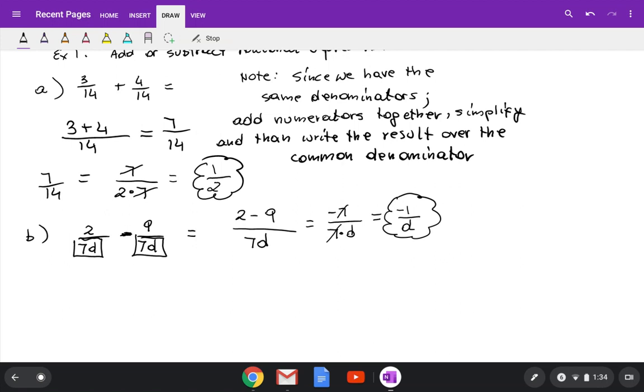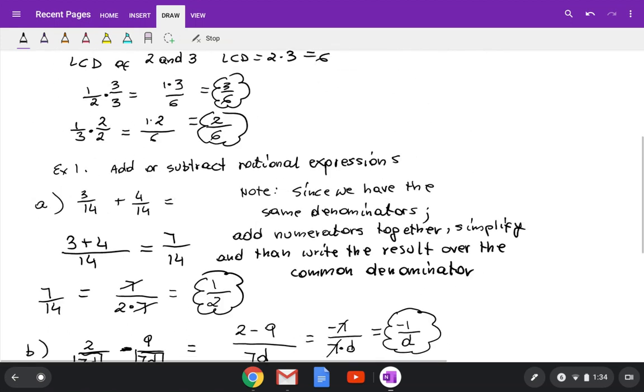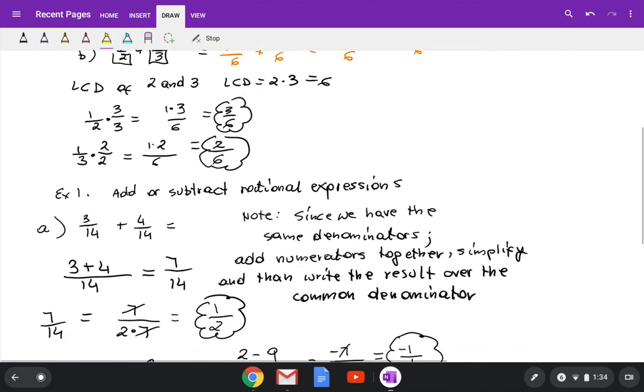Okay, let's do more examples. So far we're working with rational expressions which have the same denominator.